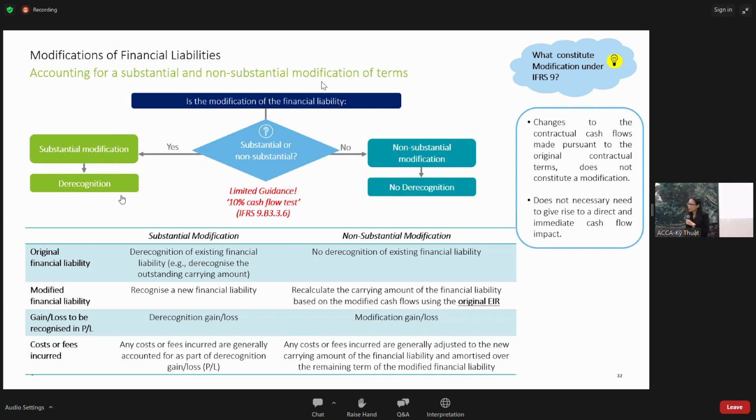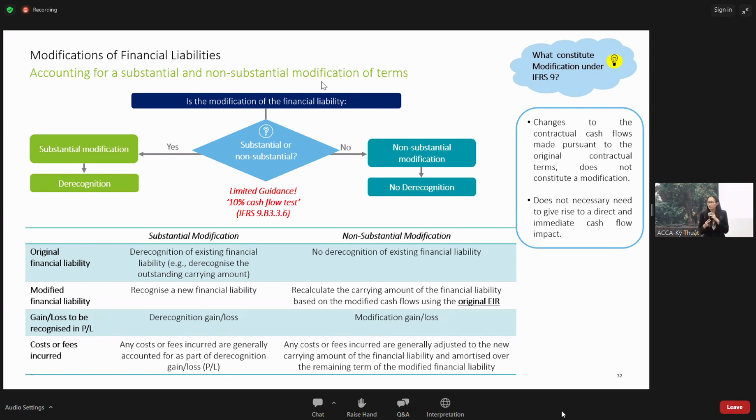Another thing to take note of is that modification is very specific. If there are changes in the cash flow based on the original terms of the contract, they are not considered modification. Modification can only happen when the original terms of the contract have been modified.